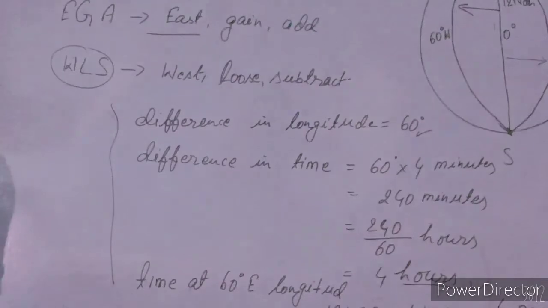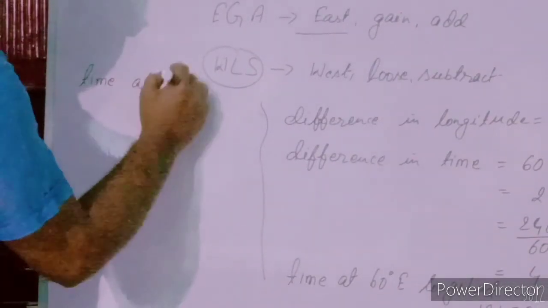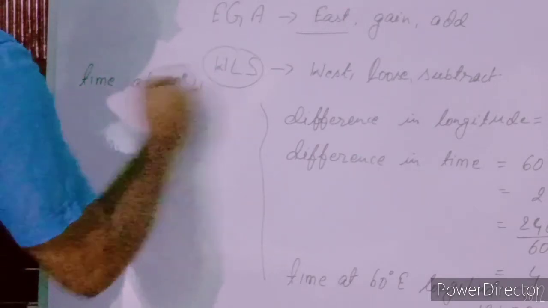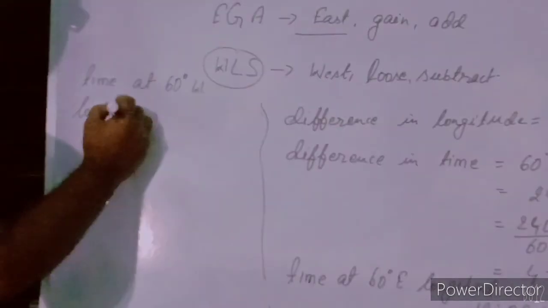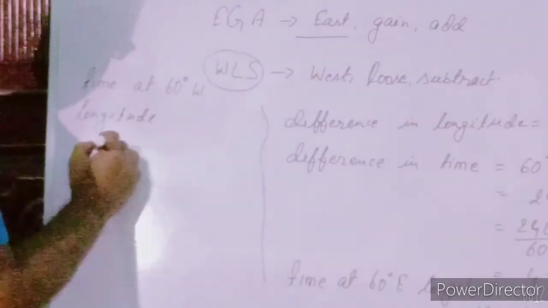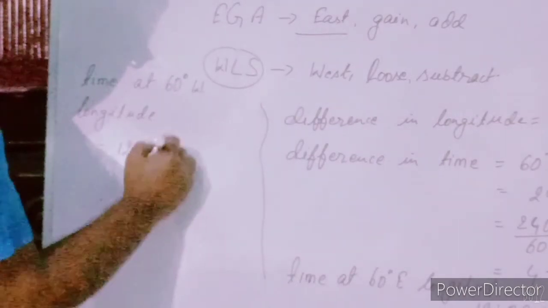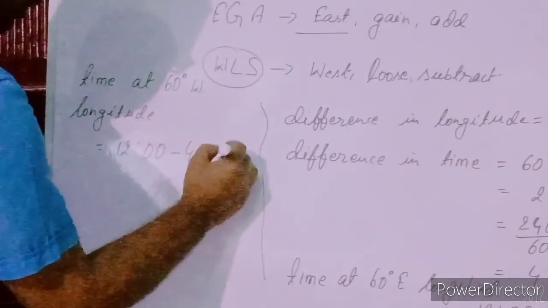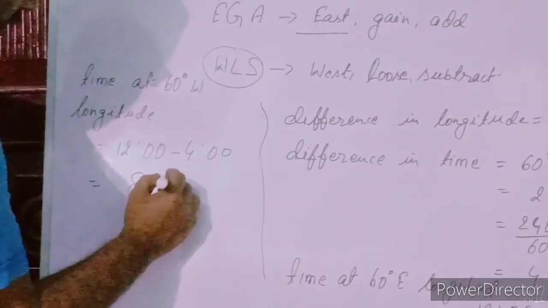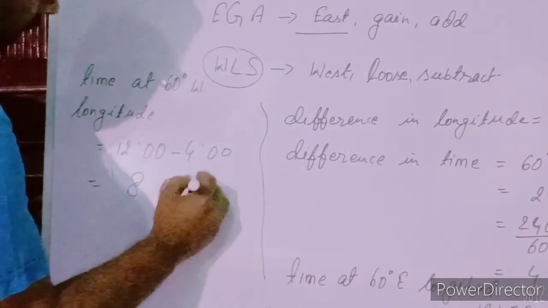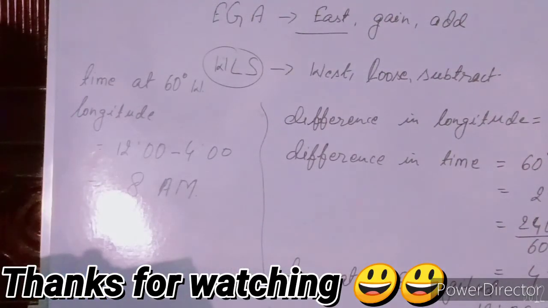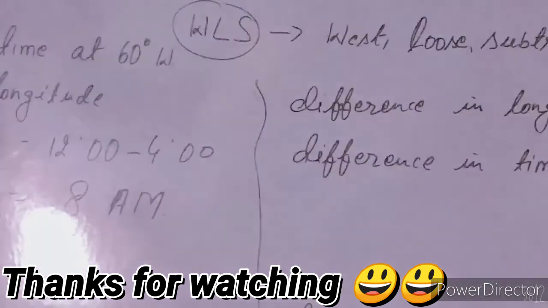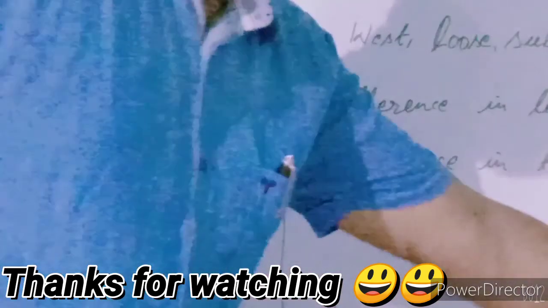At 12 noon, we write the time at 60 degree western longitude equal to 12:00 minus 4:00. This becomes 8 a.m. in the morning. There will be morning at 60 degree west, and at 60 degree east there will be evening, 4 p.m.